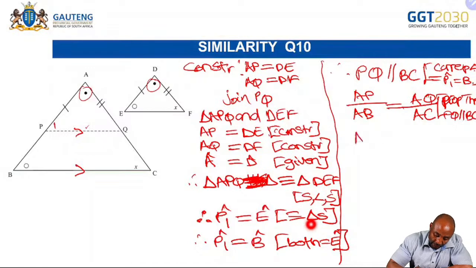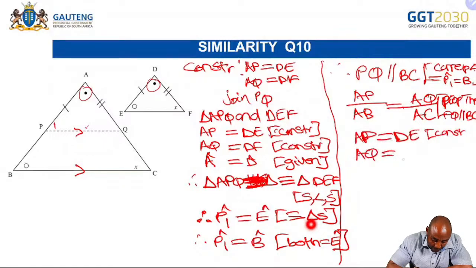But I know that my AP is equal to my DE from construction, and I also know that my AQ is equal to my DF from construction.